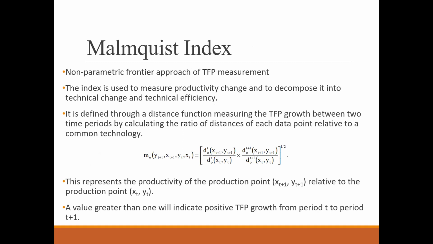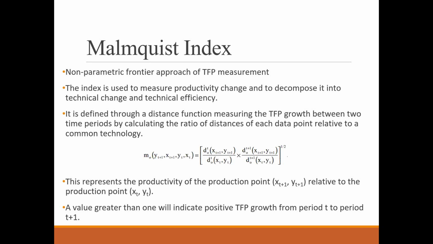Non-parametric approaches are better as compared to the parametric approaches, because the parametric function approach assumes a particular specific functional form of a production function, and the estimates derived from the parametric approach can be sensitive to the functional form. But the non-parametric method is parameter free, so there can be no such problem.